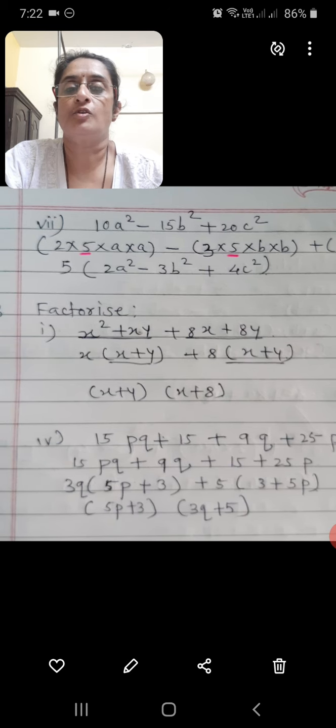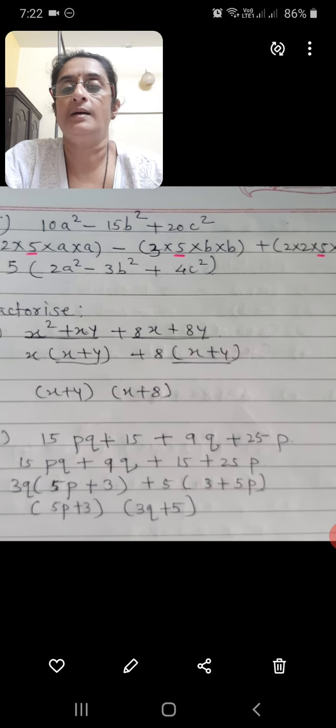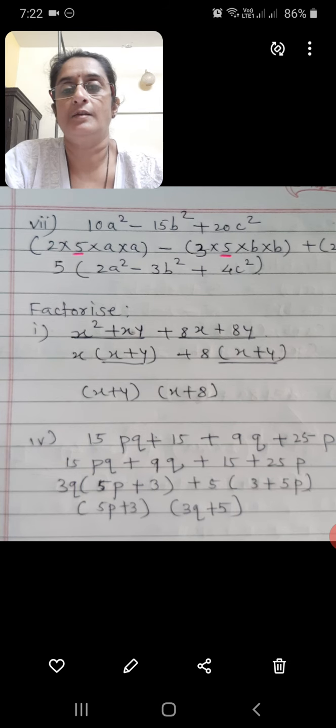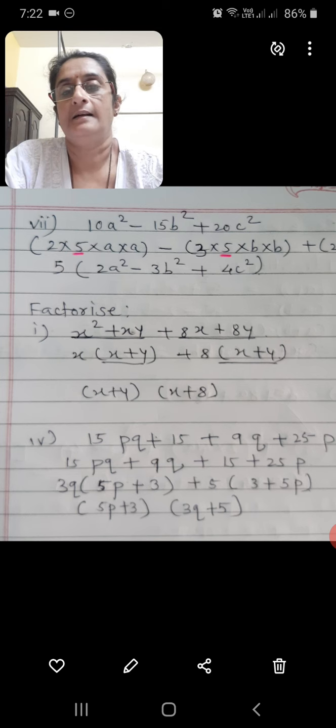Now whatever is common I have marked with the pink pen. You can take 5 as a common number. No other variable or number is repeated, so only 5 is a common factor. So I have taken the first factor as 5. Now the remaining parts you have to put as they are in the bracket.